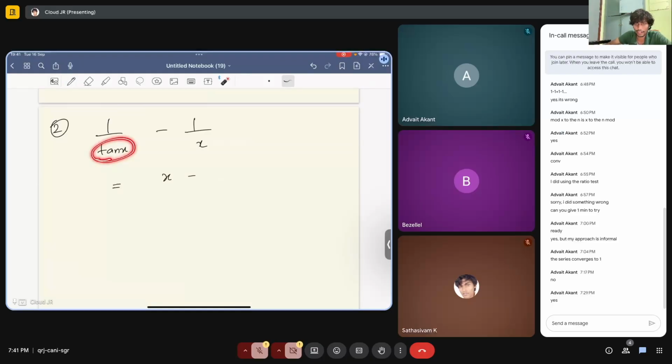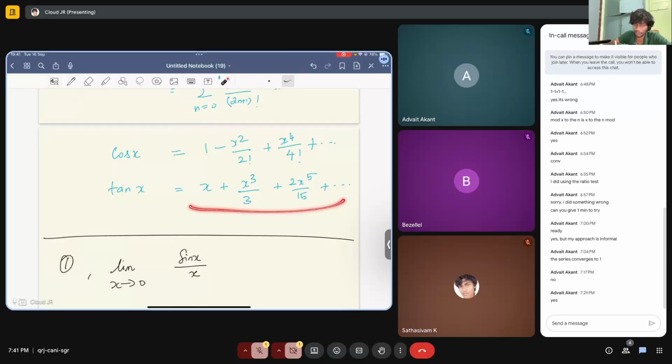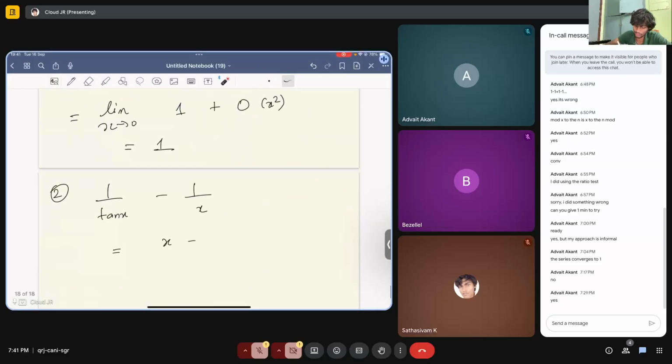Don't try to apply tan directly here. You can, but if you do, you see what happens: you have a term that is going to come in the denominator.